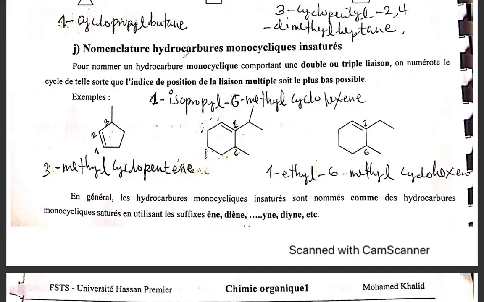When it comes to cyclic hydrocarbons, are we not supposed to state where the double bond is? You can either state where the double bond is or not.